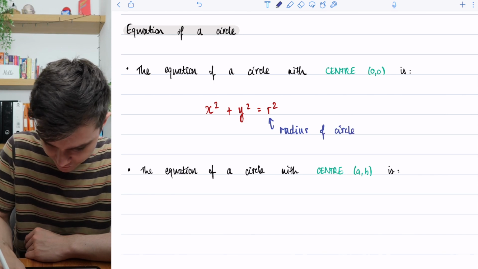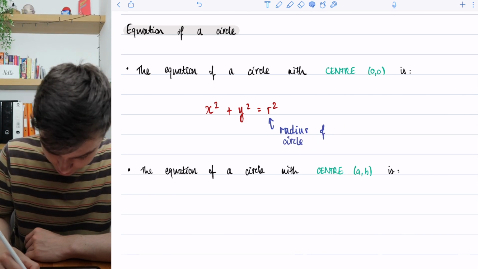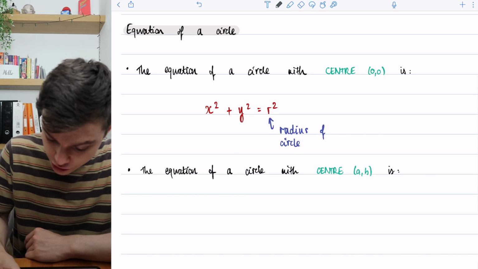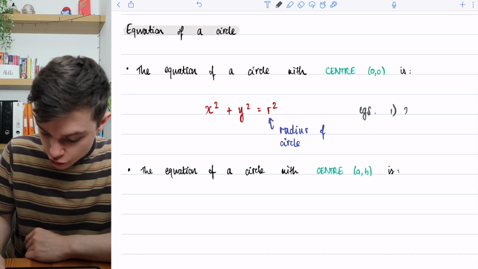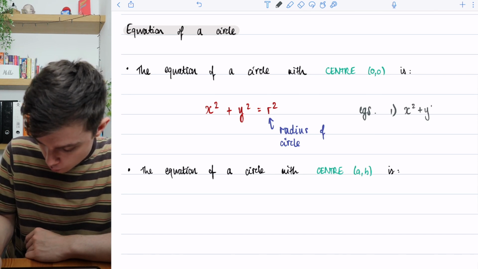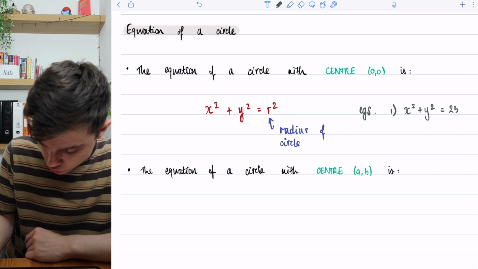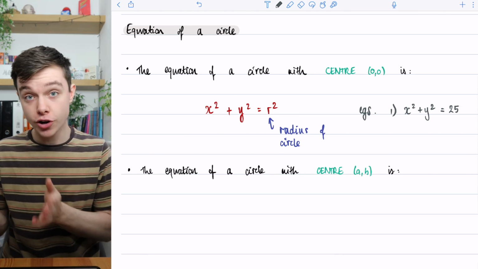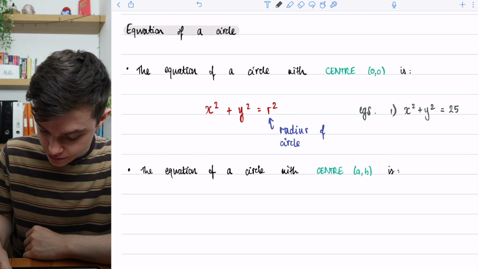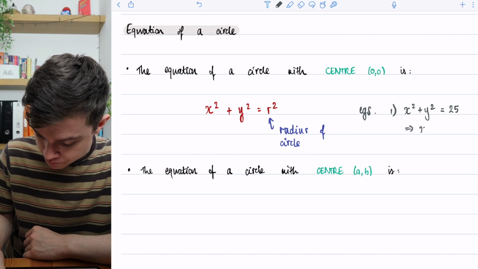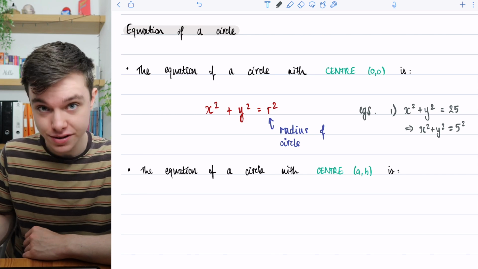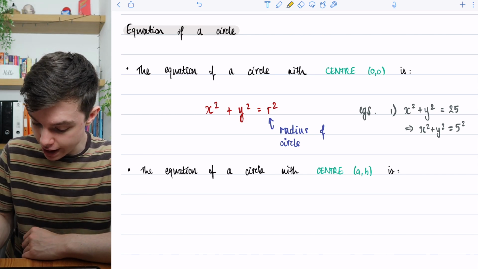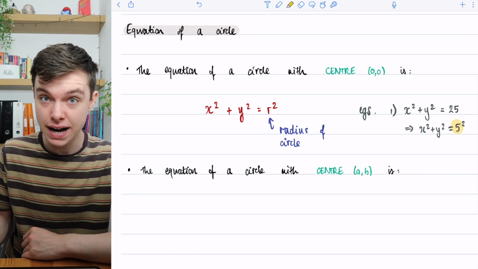Let's do some examples. One example could be x squared plus y squared is equal to 25. We've got a square number on the right hand side, so that is the same as x squared plus y squared is equal to 5 squared, and so the radius of that circle is 5.